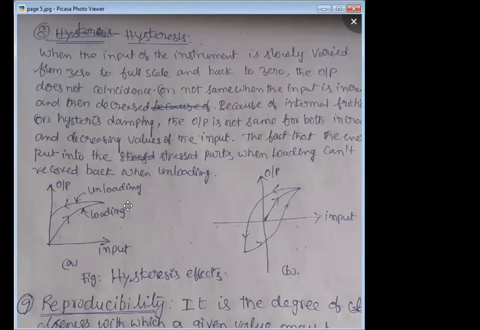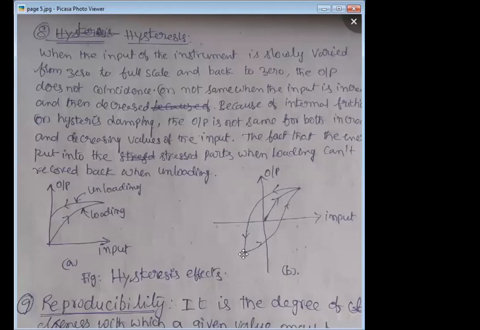So here we have two cases, one is the increasing case and another one is the decreasing case. See here the second figure. When the input is increasing, the output is also increasing. Again the input is decreasing and the output also changes.